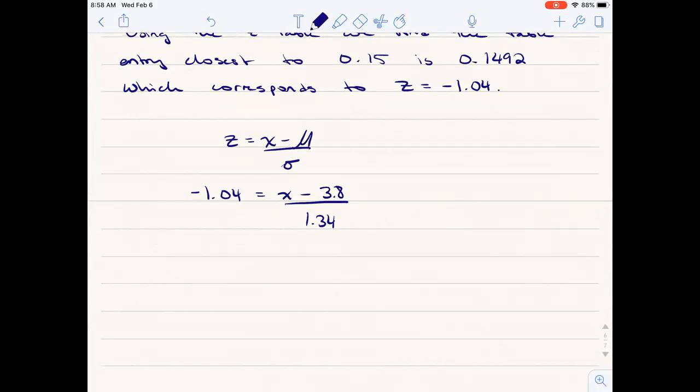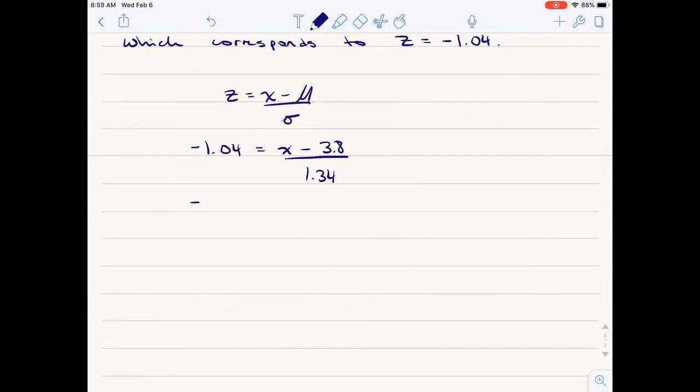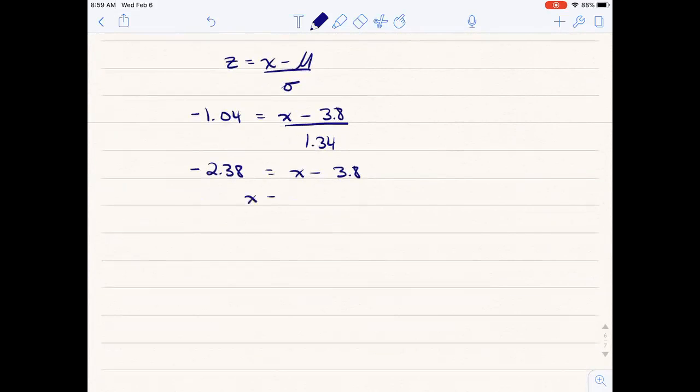Solving for x, we've got negative 1.04 times 1.34 is negative 2.38, is x minus 3.8, so add 3.8 to both sides. So x is 1.42.